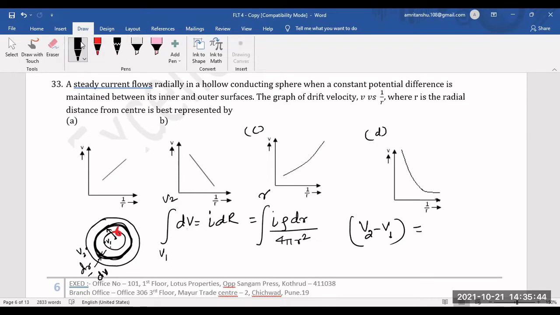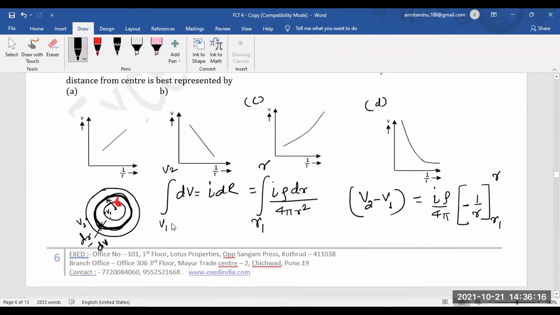It's R1 to R. Let us see. R1 to R. So now V2 minus V1 will be I into rho by 4 pi, minus 1 by R, limit from R1 to R.